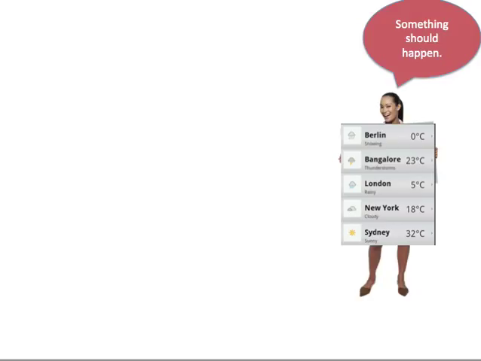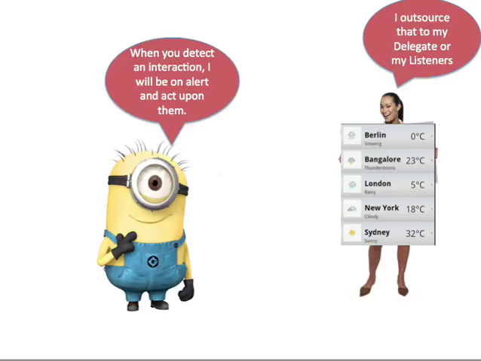It just knows that you've tapped on the cell, perhaps, right? So it outsources that to what's called a delegate or to a bunch of listeners. So the delegate, for example, will say, when you detect an interaction, I will be alert and act upon those interactions, right? So the delegate is always alert.